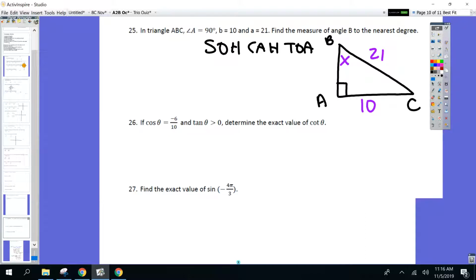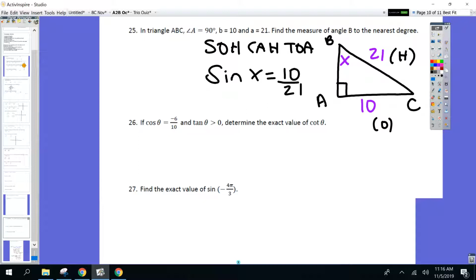So going from angle X, what's the 10? Opposite, and the 21? Yep. So out of sine, cosine, and tangent, which one am I looking at here? Sine, yep, here we go. Sine of what's your angle? X. Opposite side 10 over hypotenuse 21.